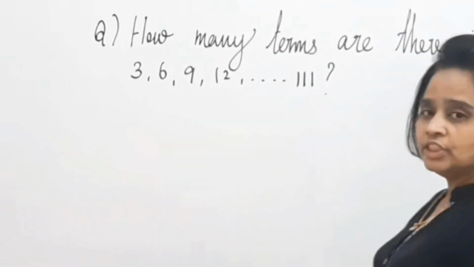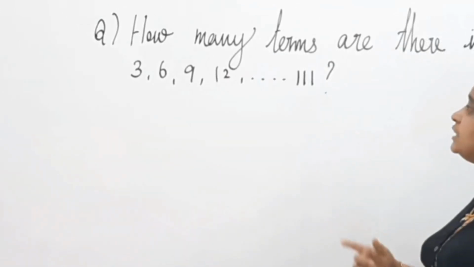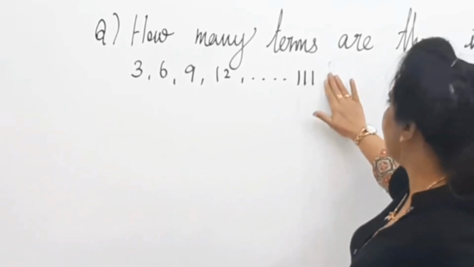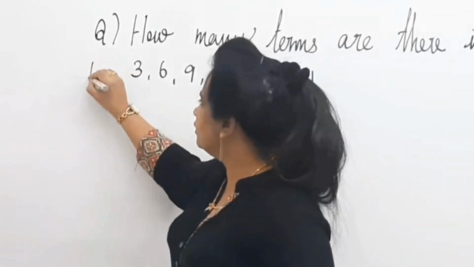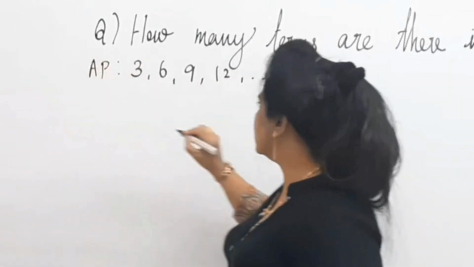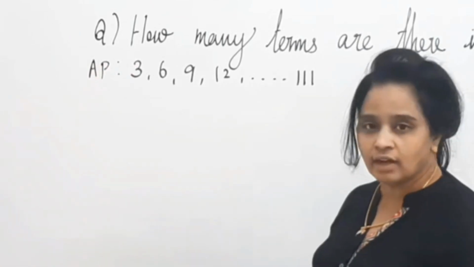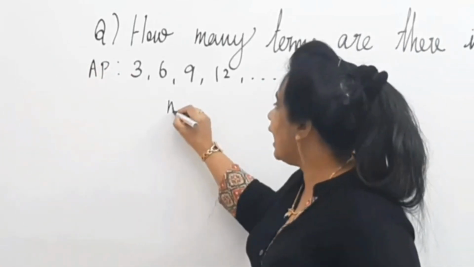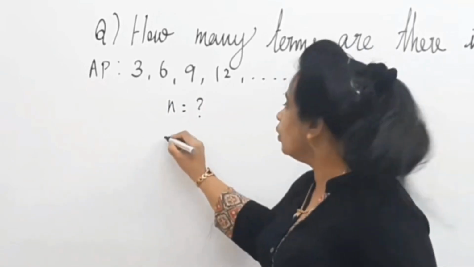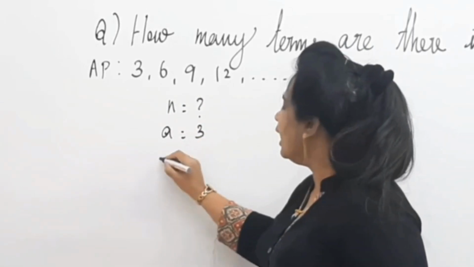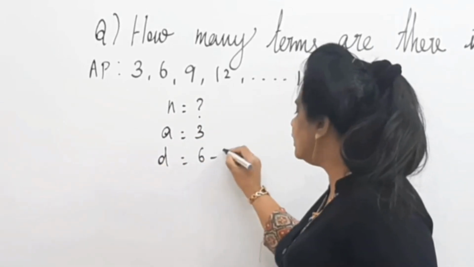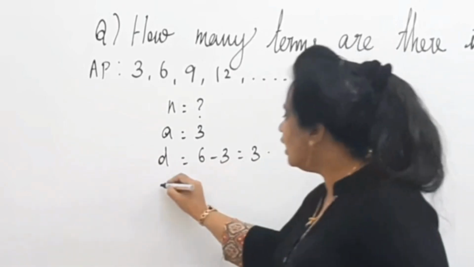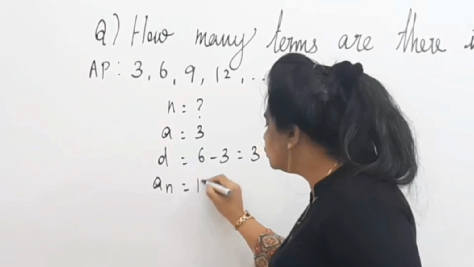So children, now the question is how many terms are there in this AP? So my AP, I will take it here itself, my AP is 3, 6, 9, etc., and 111. So how many terms? That means N is asked. What is given? A is 3 and D is equal to 6 minus 3, which is equal to 3 again, and last term AN is equal to 111.